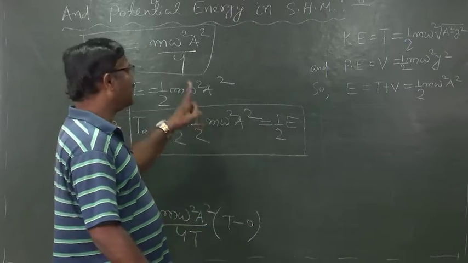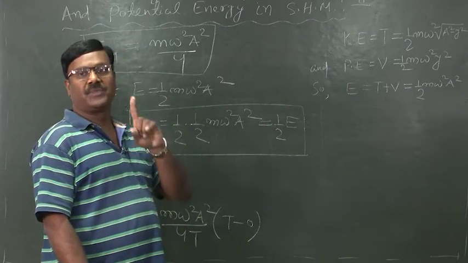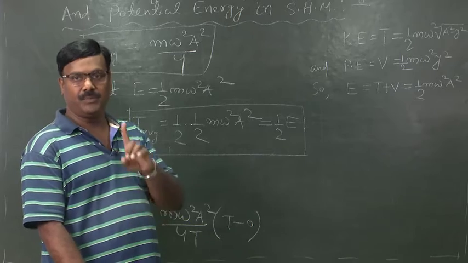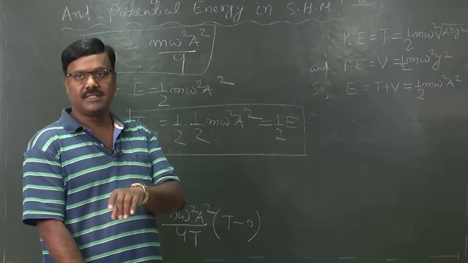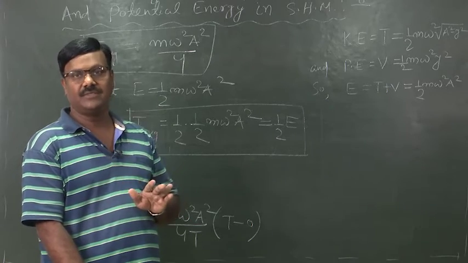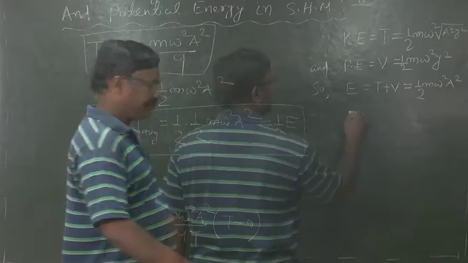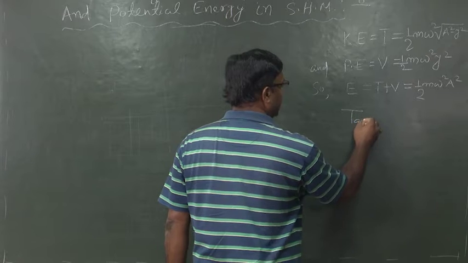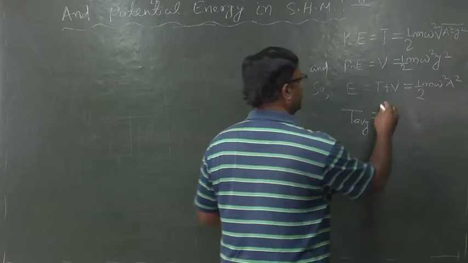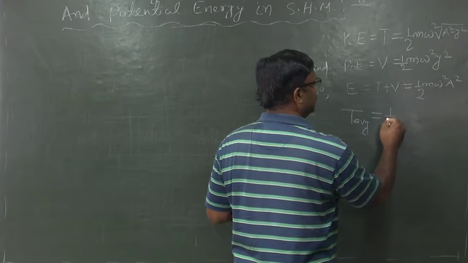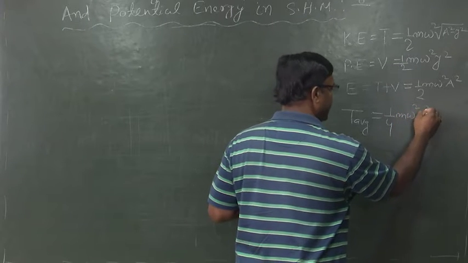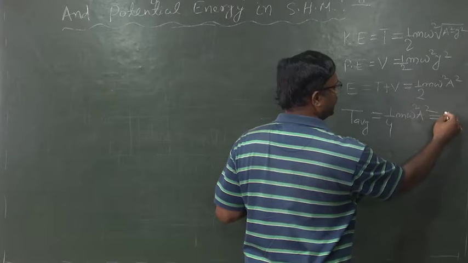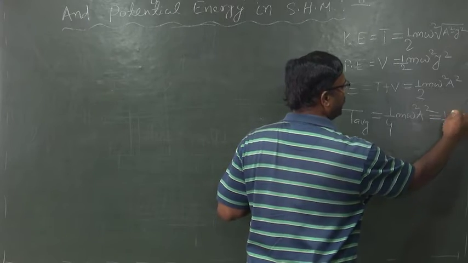So, in deriving the expression for the time average value of potential energy, T average is equal to 1 by 4 m omega square a square, which is equal to half of E.